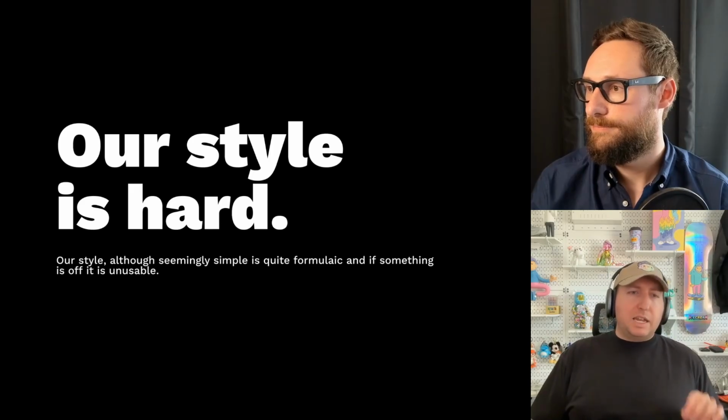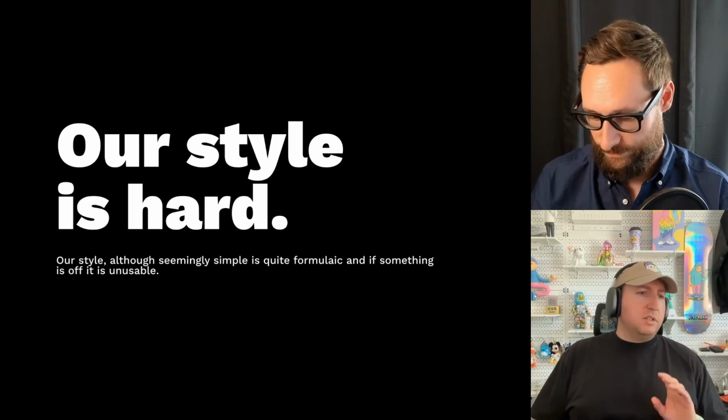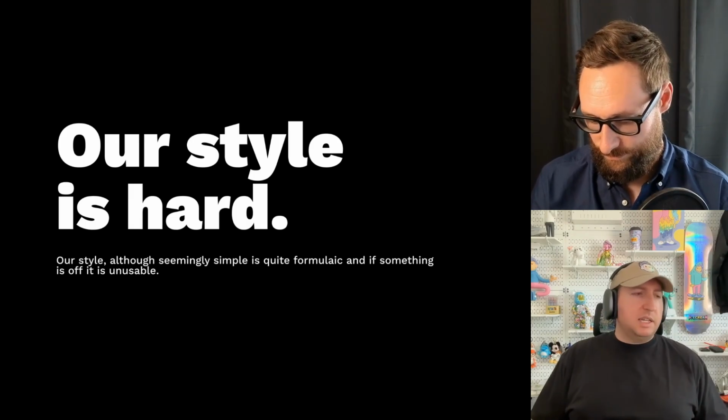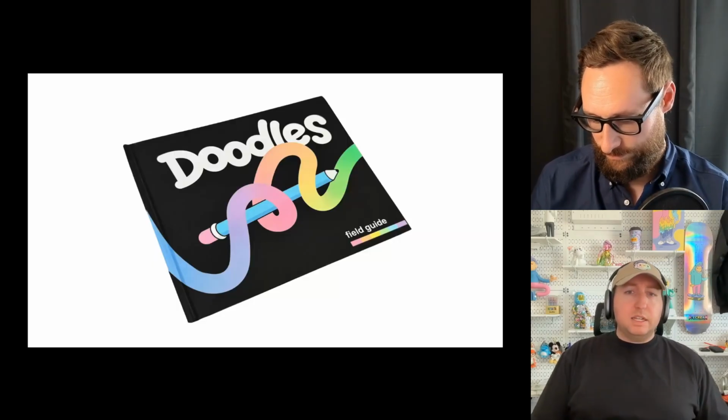And so, in ours in particular, our style is hard. It's seemingly super simple, but it is incredibly formulaic. And if something's off, we have the uncanny valley to the maximum here at Doodles. If something's off, you immediately know it's not Doodles, and we can't use it in our content. So I'll show a little bit about what I mean by that.